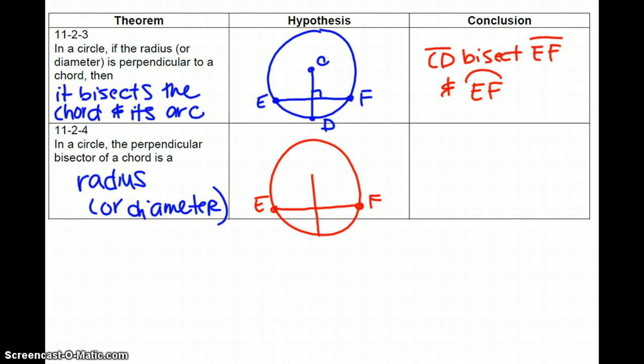So it's cutting this chord in half at a right angle, and that is the given information. We'll call this piece AK. So the hypothesis or the given is that this segment is perpendicularly bisecting chord EF. Therefore, my conclusion will state that AK must then be a radius of circle A.